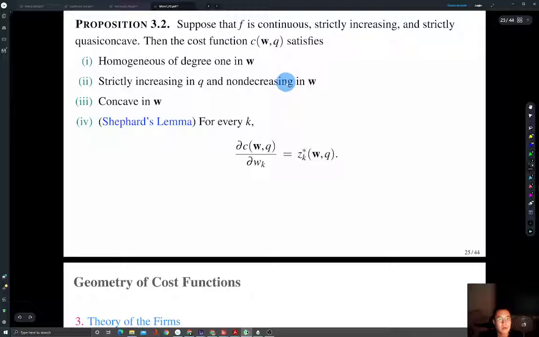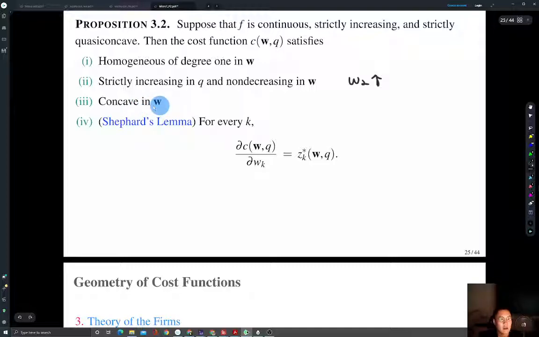So for example, if W2 increases, if the firm does not use this input for production, then cost remains the same. I mean, it may be non-decreasing, but it cannot be strictly decreasing in W. Okay, then the cost function takes different shapes with respect to Q, so it can be convex or concave with respect to Q, but with respect to W, it should be concave.